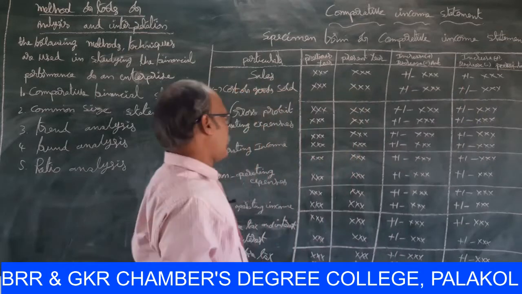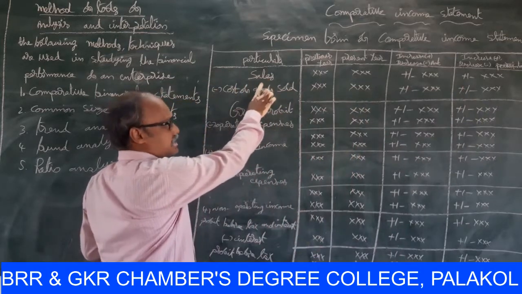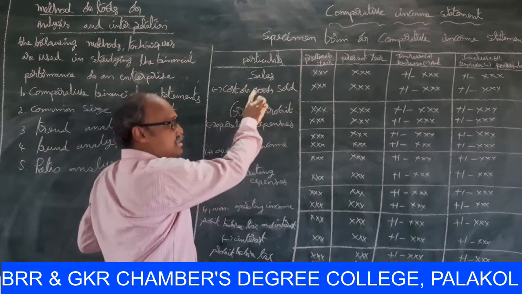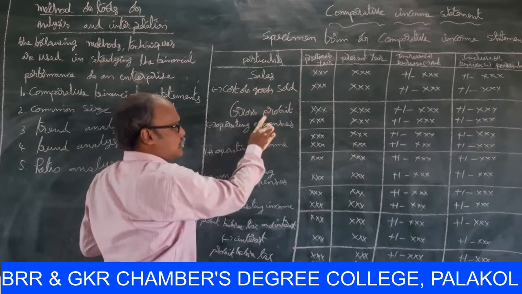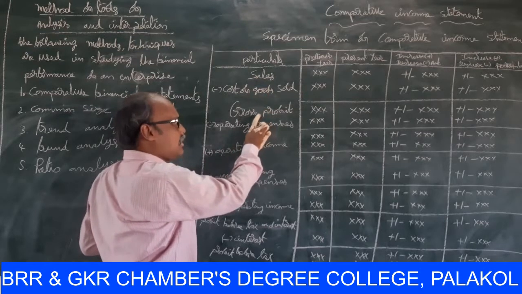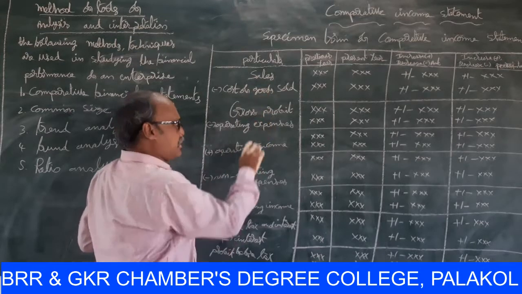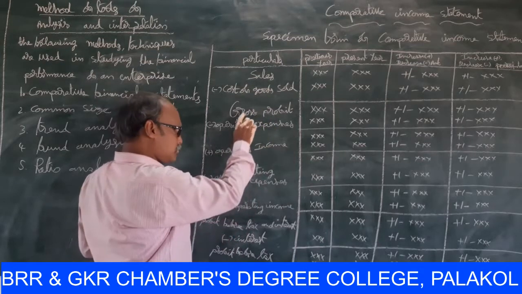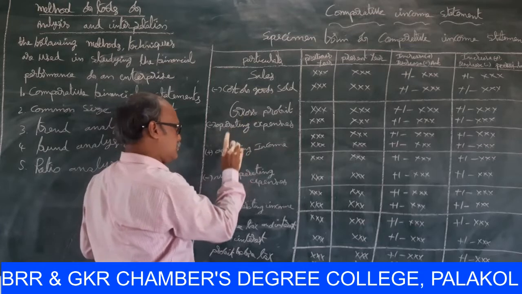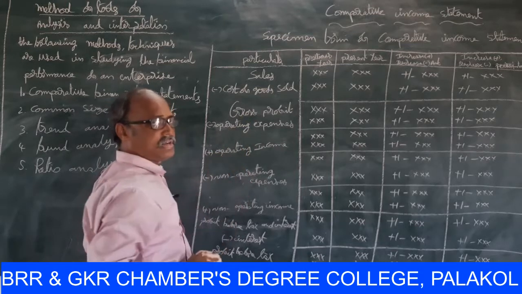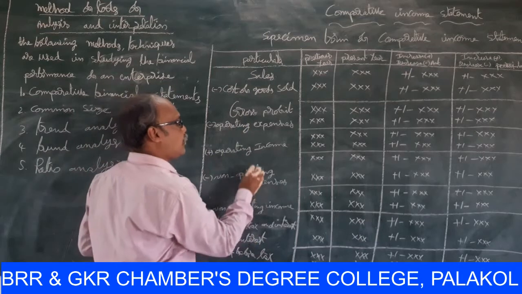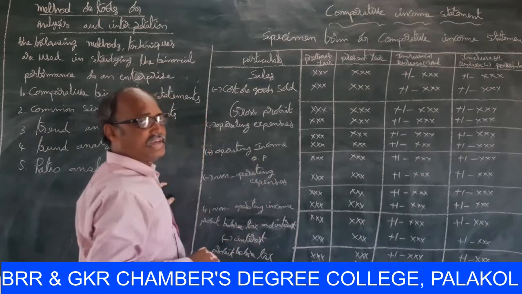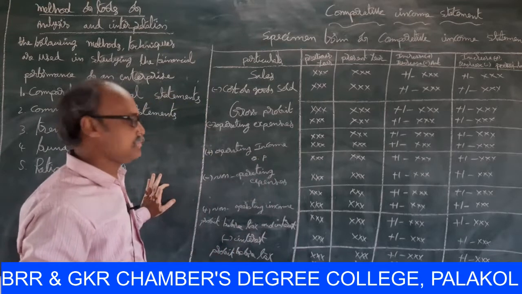Okay, first one, sales. Sales minus cost of goods sold, then finally we get the gross profit. Gross profit minus operating expenses, then add operating income, then we find operating profit.